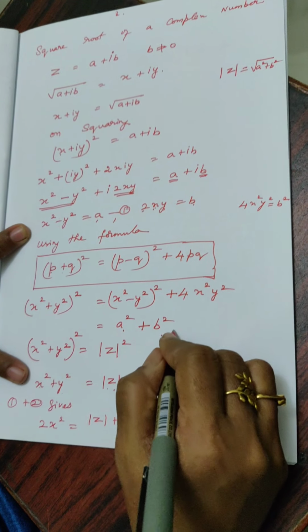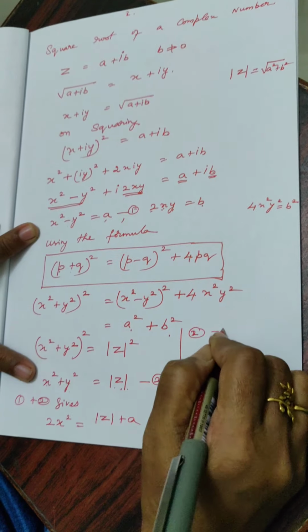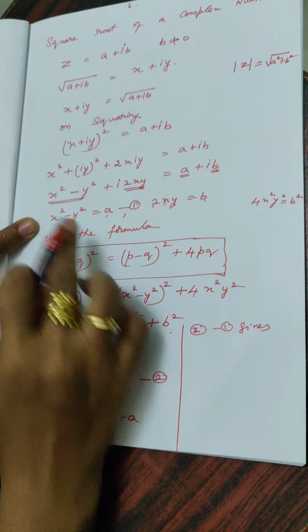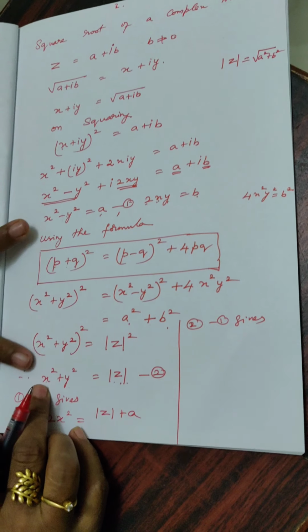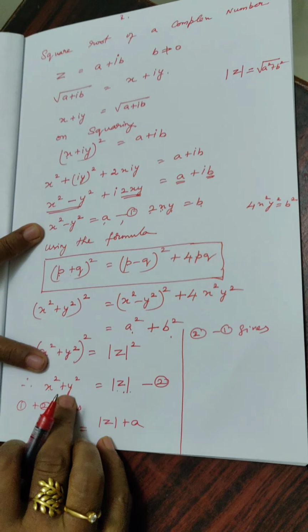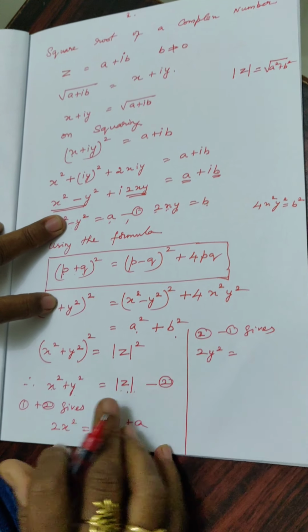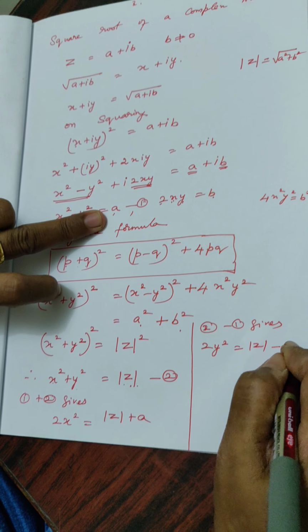1 plus 2 gives. Similarly I am going to write here 2 minus 1 gives, because in 2 y square is positive, here y square is negative, so I am writing 2 minus 1. X square minus x square get cancelled. Y square plus y square, 2y square equal to modulus of z minus a.